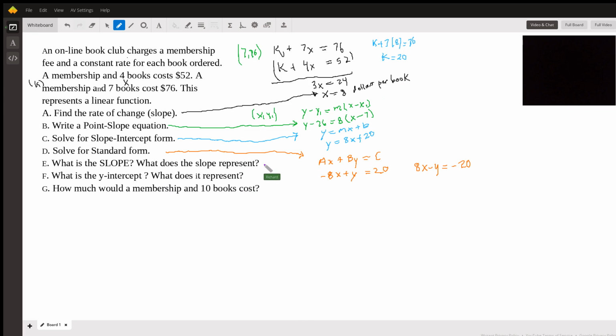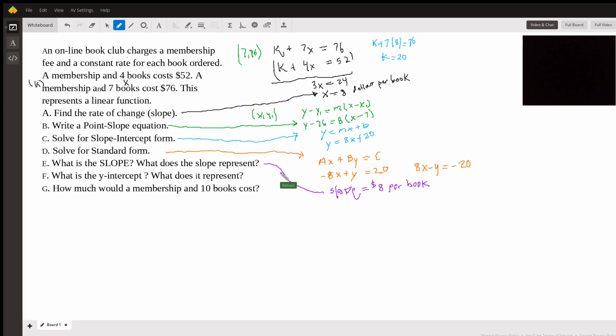So I'll just say the slope equals $8 per book, or cost per book would be the slope.